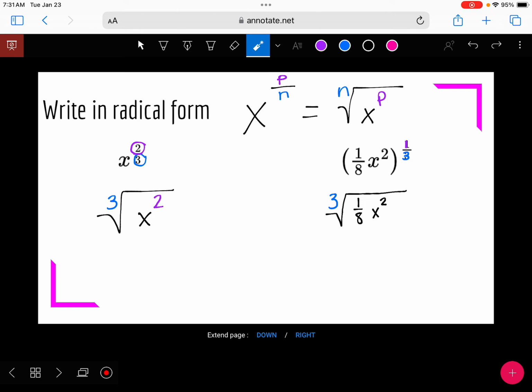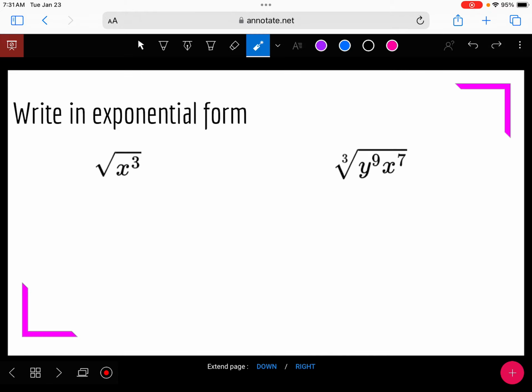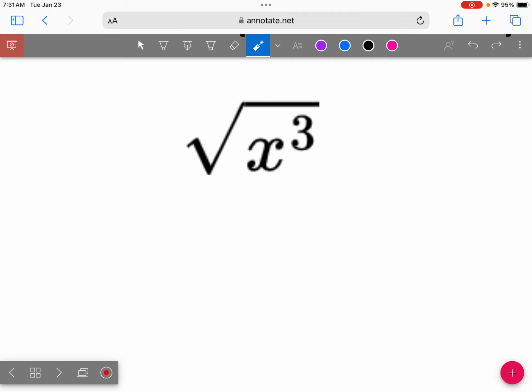All right, let's go the other direction. We're going to take radicals and put them in exponential form. On this one, what's our index? That's 2, right? If there's nothing written there, our index is 2.